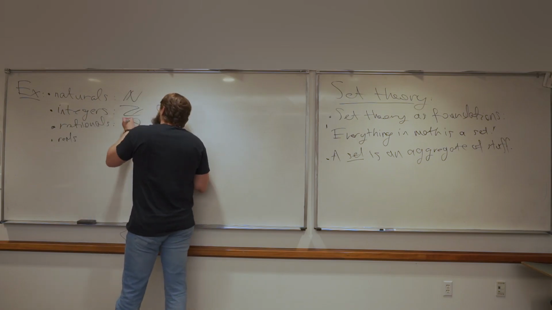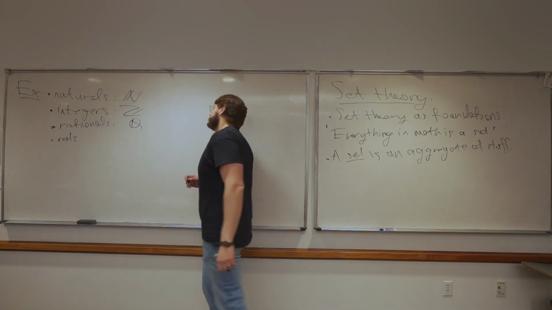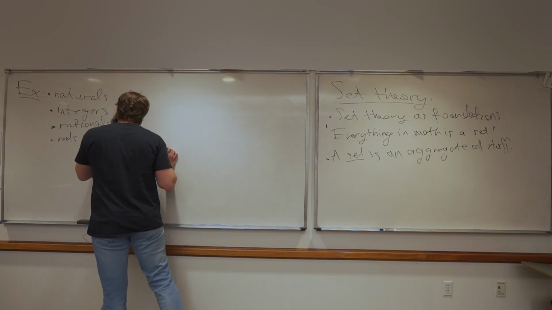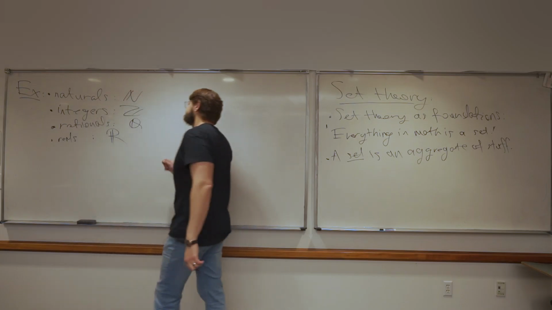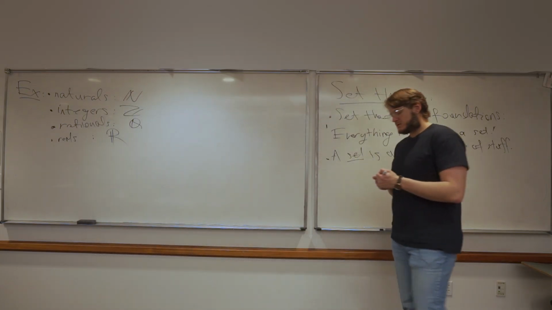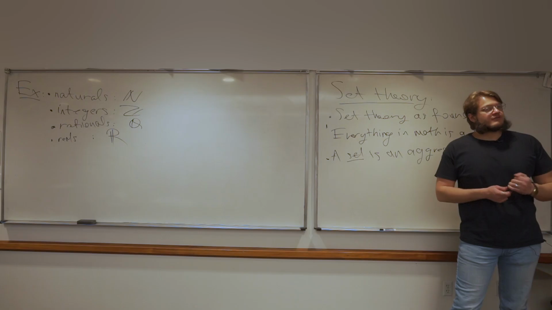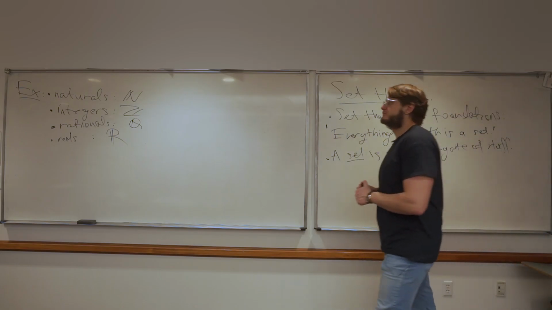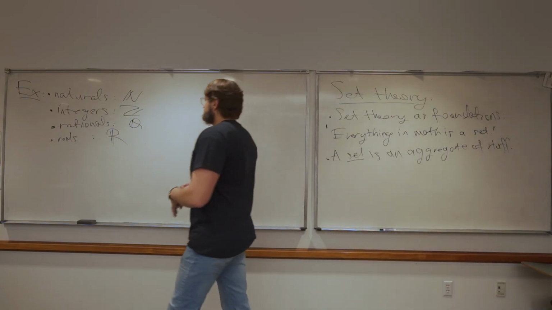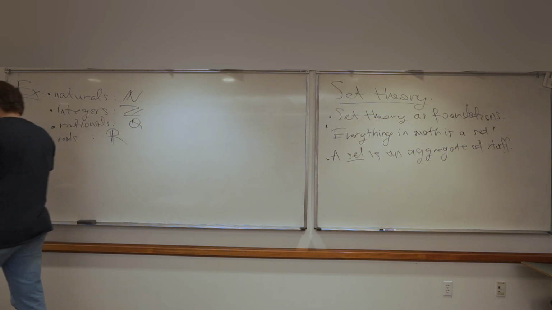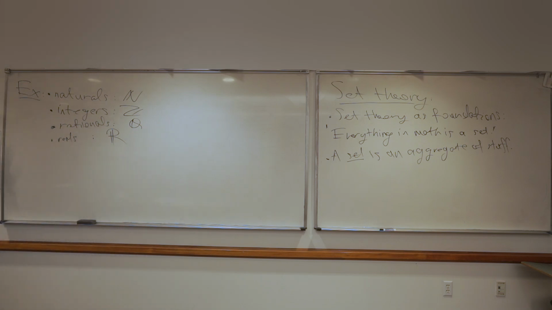Rationals is denoted by Q, and reals is denoted by R. These are the main sets of numbers that we're going to be interested in. How many of you have seen notation like this before? Okay, pretty much all of you. Good.